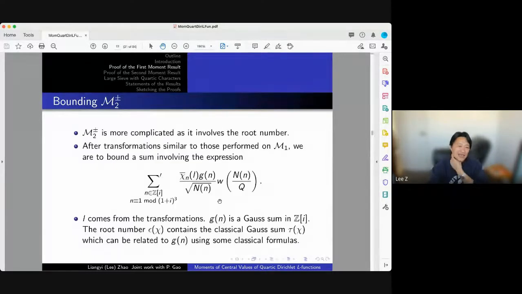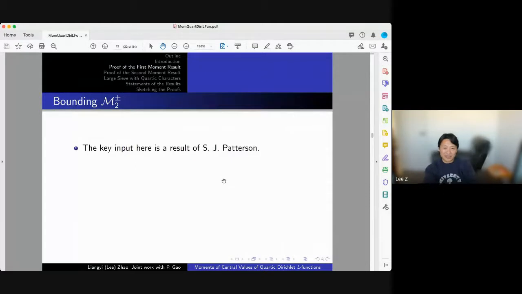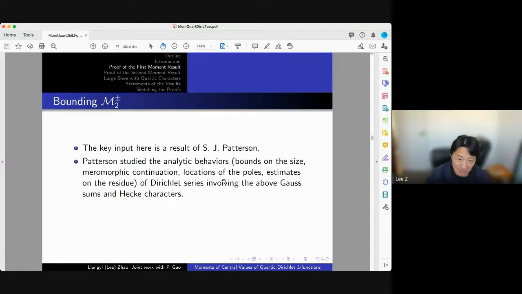Then in order to deal with this, we use a result of Patterson. That's the key input here, which is a classical result, and it's a very useful result. So what does the result say?